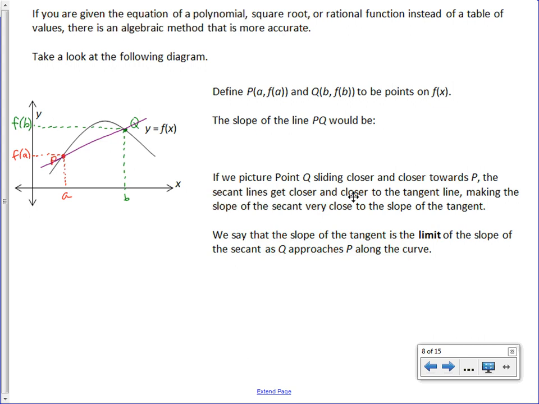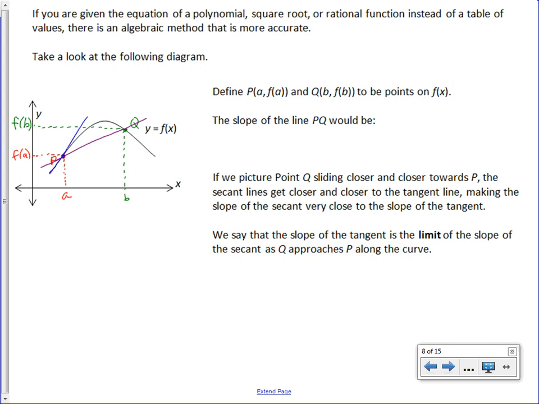We talked about last day that the instantaneous rate of change at P would be the tangent at P. Remember, a tangent is a line that models the behavior of the function right nearby the point that you're focusing on. So the tangent would look something like this.